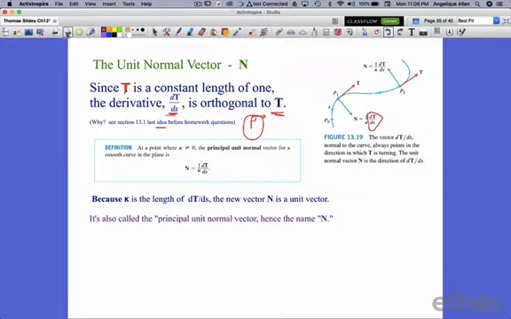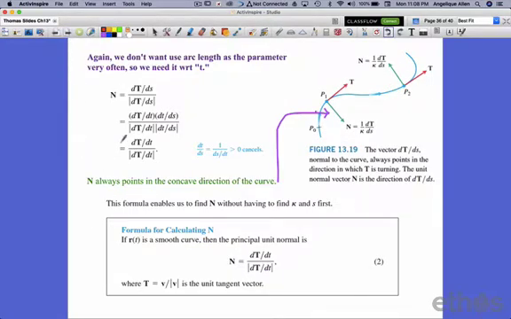Okay, so let's go find N for a vector. Actually, right now it's in terms of dT/ds, and once again we need to convert it to a formula that is in terms of, or with respect to t and not s as a parameter. This is a concept that's not going to go away, so make sure you understand the difference between operating with respect to the change in arc length and operating with respect to the change in an independent variable t.